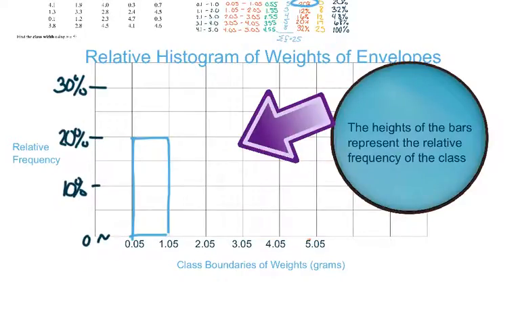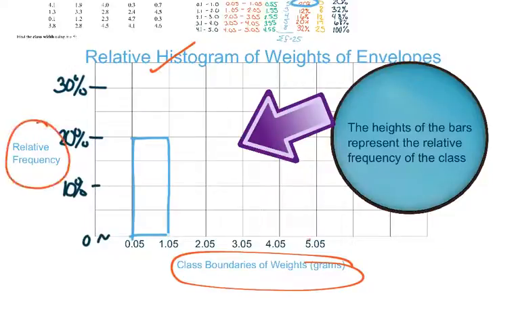Now, a relative histogram is pretty much the same thing. It uses the same class boundaries type of x-axis. The only difference here is, number 1, in the title, it says relative histogram instead of histogram. And on the y-axis, we label it as relative frequency. That way your audience knows that we're using percentages.